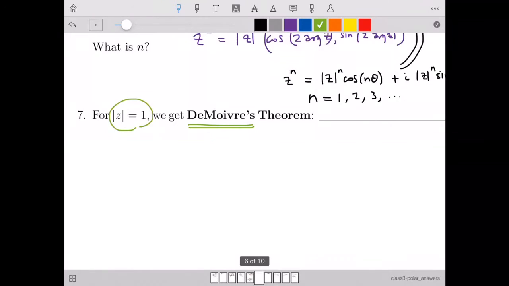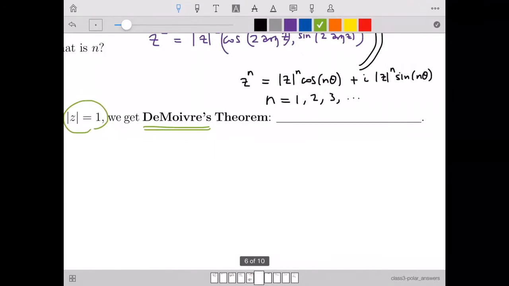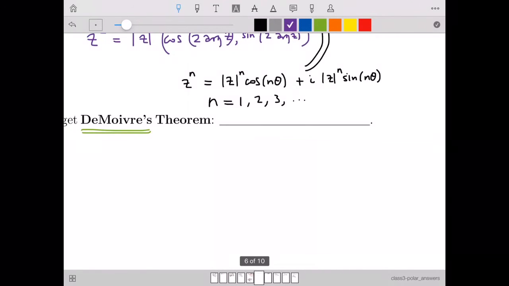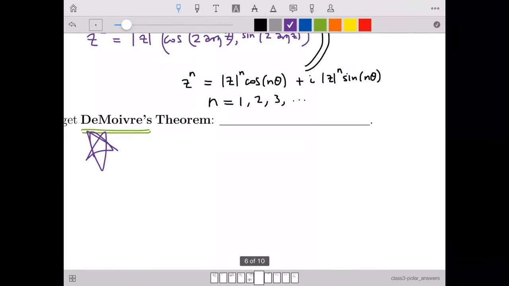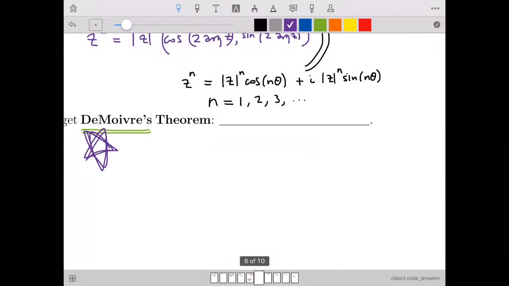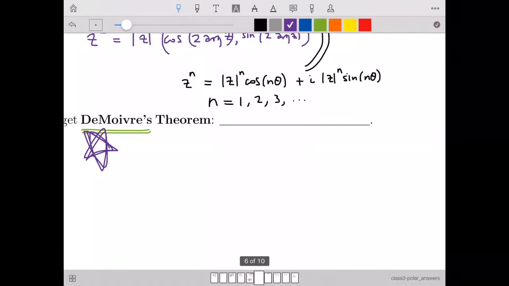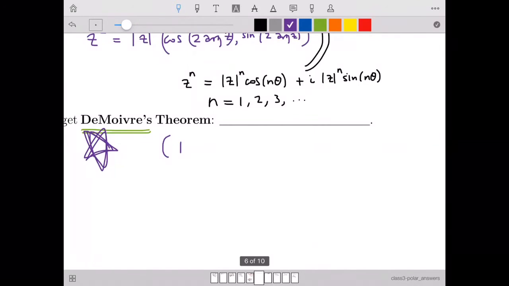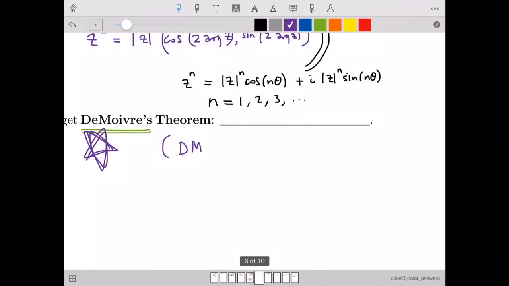He's a French mathematician who actively worked in Britain. Okay, so anyway, this is his theorem. DeMoivre's theorem. If you have to refer to it, you can say DM.